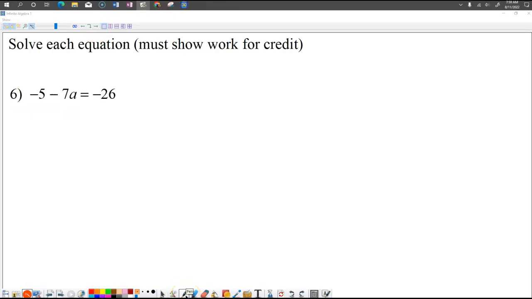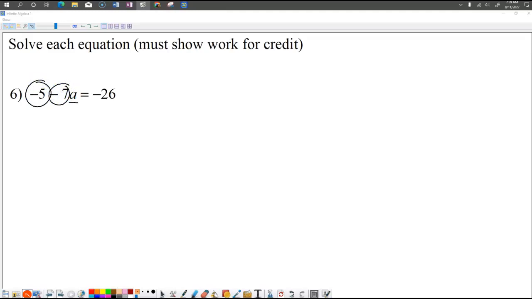This is a two-step equation. The last two problems we did were one-step equations because you only had to do one step to get the variable by itself. On these ones, you have to do two things to get the variable by itself. So I want to solve for a, and that means I need to get rid of two things. I need to get rid of this negative 7, and I also need to get rid of this negative 5 there.